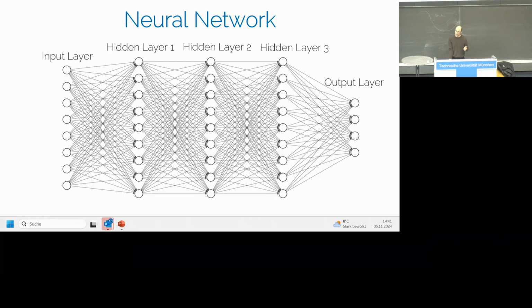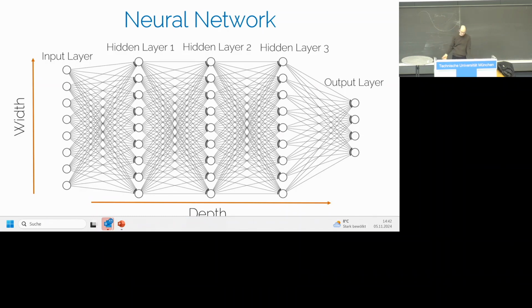You can have a different number of neurons in each layer. Typically, I didn't mention that, but the number of layers is referred to as the depth of the network, for obvious reasons, whereas the number of neurons in each layer is called the width of the layer. Here in this example, all layers have the same width, but they can have varying widths.